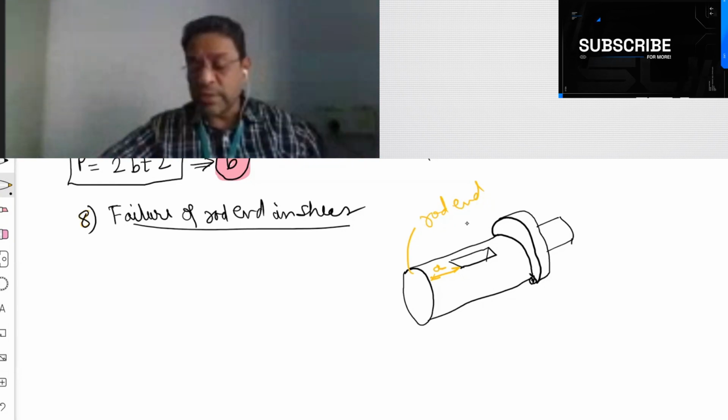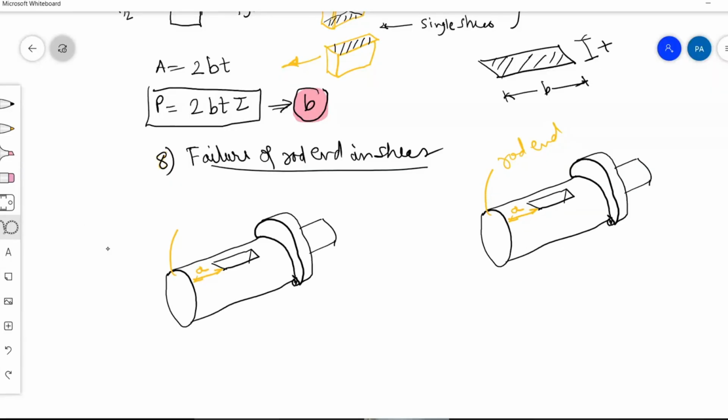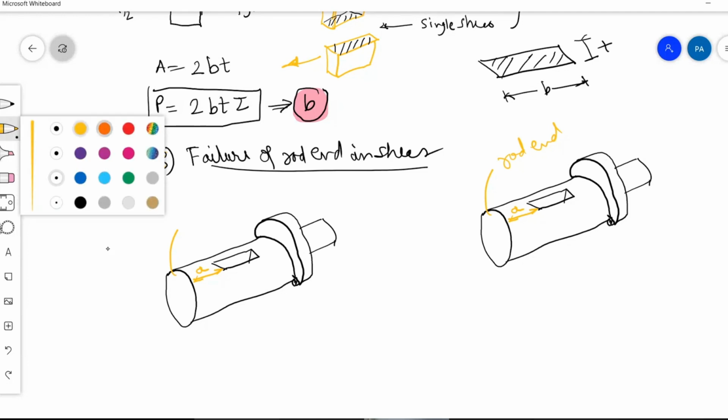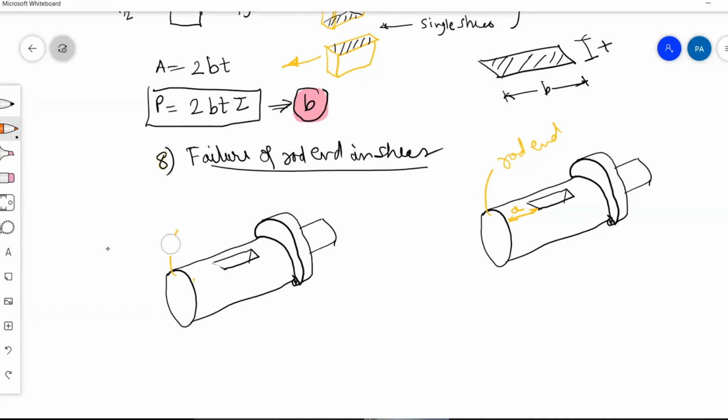And how will it fail? It will fail something like this. So from where will it fail? See now. Let me erase this. It will fail from here, this and this, because this Cotter has to come out from here.